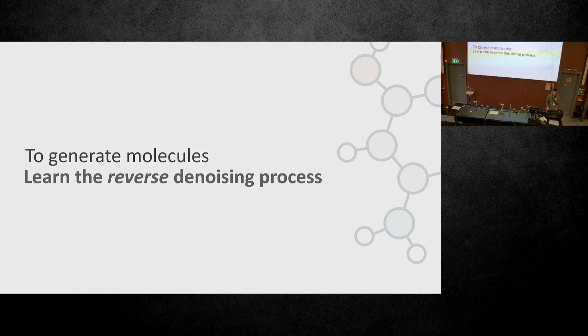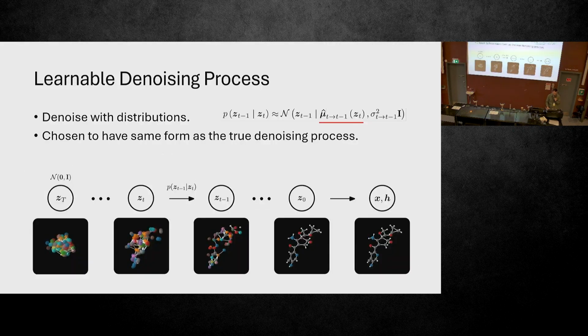Then how do we do the generative part given this diffusion process? We compute the reverse distributions. This is what Chin-Wei explained before, how to compute the mean of the reverse distribution. So basically what we're doing is, we have to approximate the mean of the reverse distribution, and then we just follow this Markov chain from Gaussian to data samples.